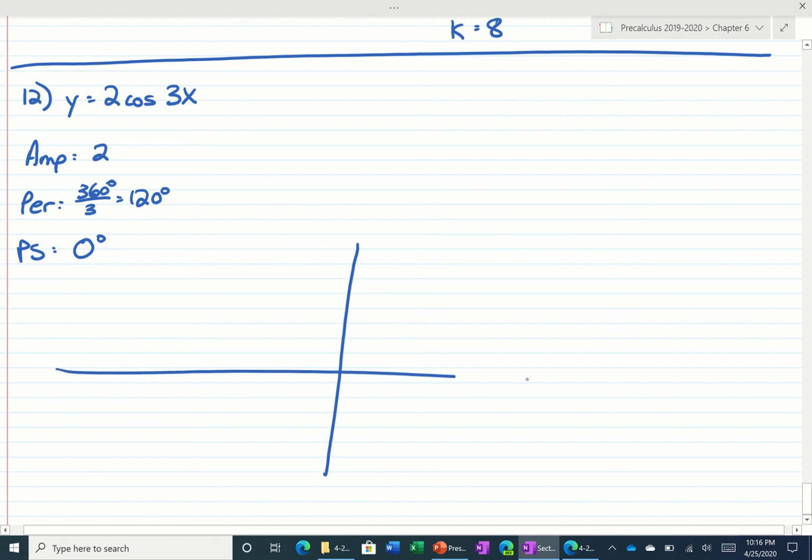So for a problem like this, it's a good idea to make a table. I always ask you to graph from negative 360 to positive 360. And let's see what happens here.